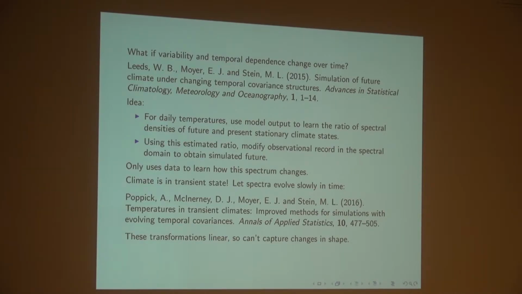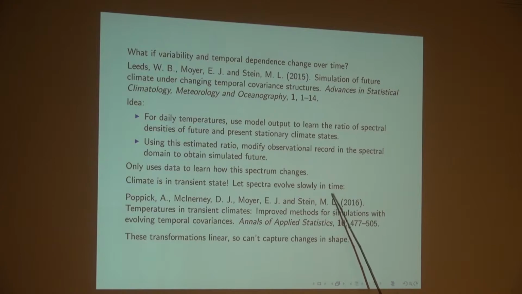It's a space-time process, climate. That seemed too much to look at. So we tried looking at just daily temperatures and just at a single site at a time. What could be wrong in terms of the variability structure is both the variances of single observations, but also the correlations in time. All right.